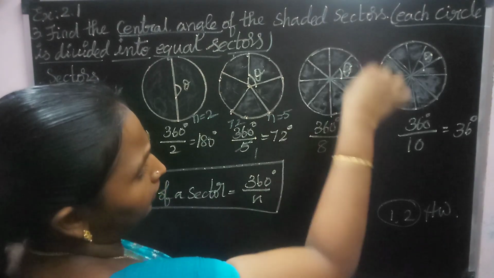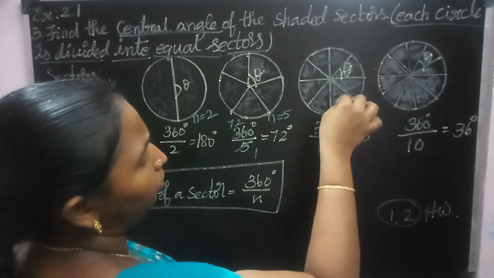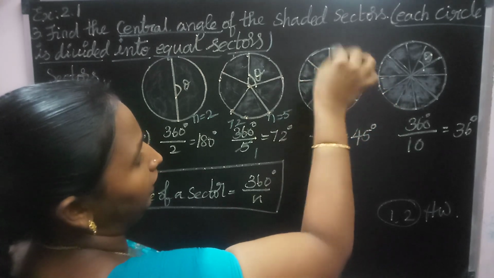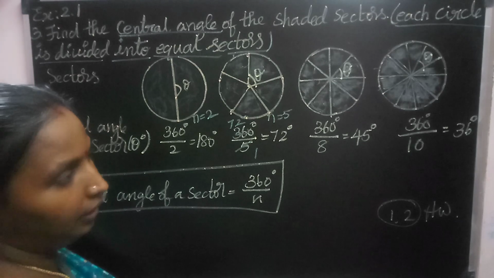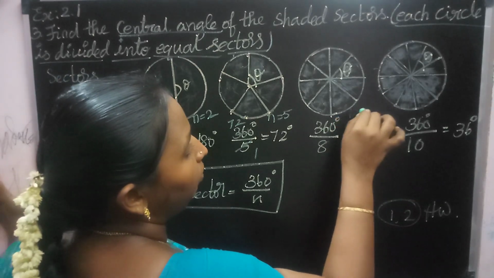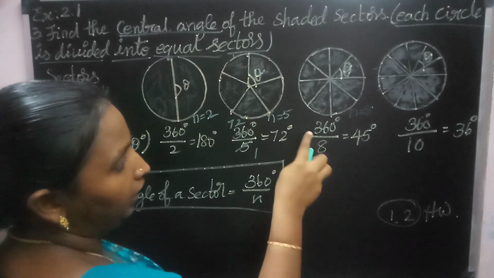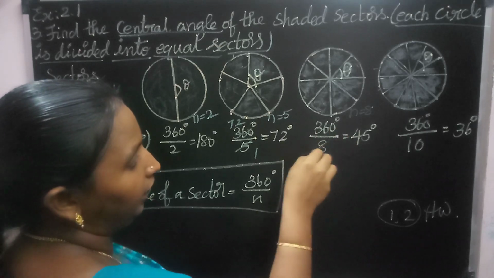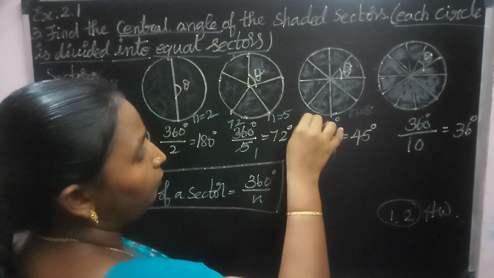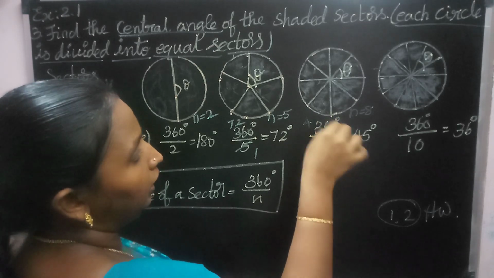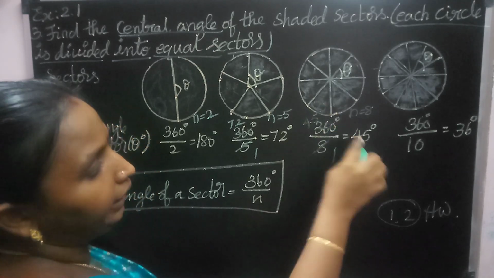How many equal sectors? Count this: 1, 2, 3, 4, 5, 6, 7, 8. So n value equals 8. Central angle formula is 360 divided by n, so 360 degree divided by 8. 8 fours are 32, 40, 8 fives are 40, so 45 degree.